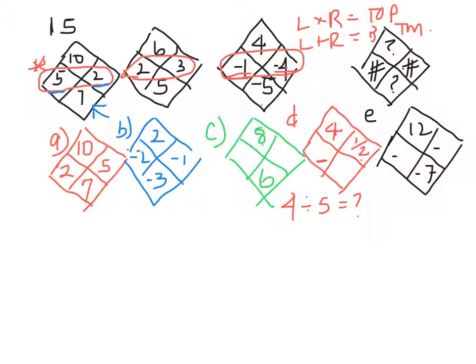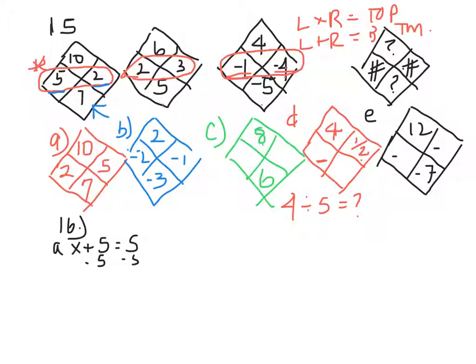All right, let's take a look at 16. 16 asks what values of x will make each equation below true. And A says x plus 5 equals 5. Well, to figure that out, we just have to solve for x, right?